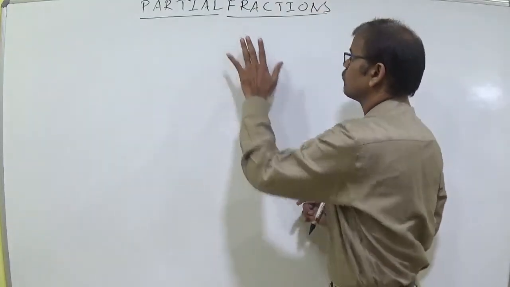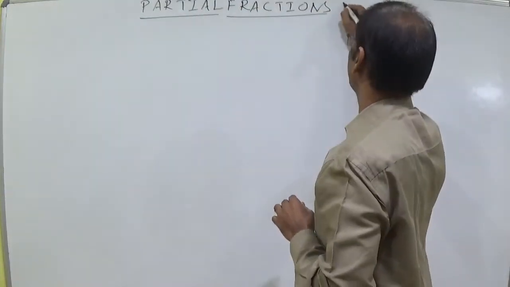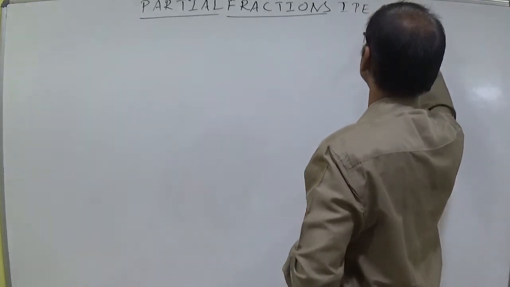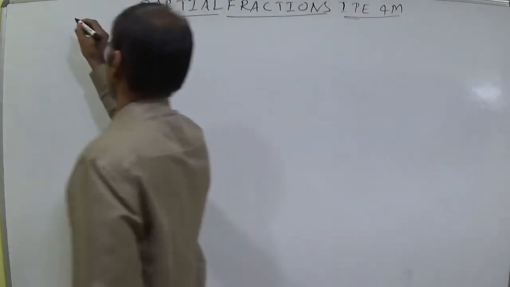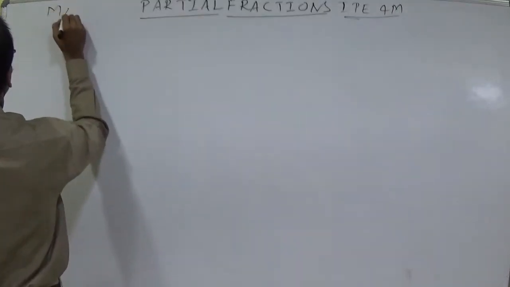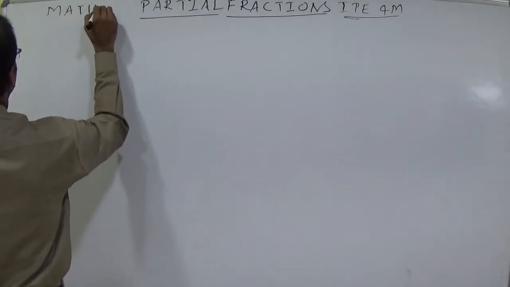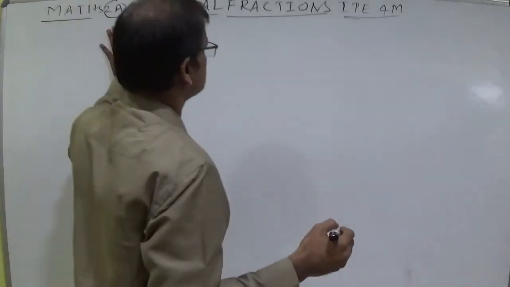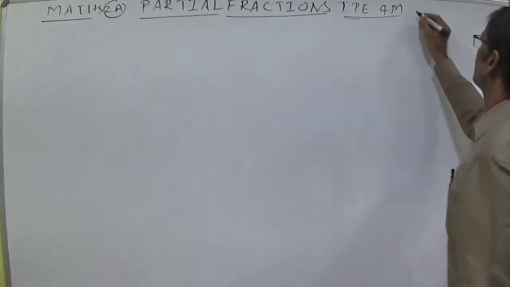For IPE you will be getting a 4 mark question. For IPE, 1 four-mark question in mathematics 2A. In maths 2A, the topic partial fractions is 4 marks in IPE, and in MSET exam in our state, Andhra Pradesh or Telangana, only 1 bit. 1 bit means only 1 mark.